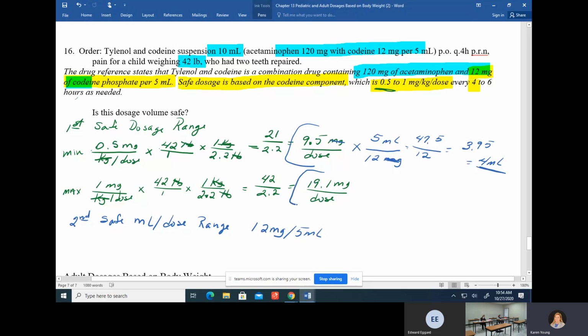I'm going to take my maximum safe dose in milligrams per dose times the same codeine, 5 milliliters per 12 milligrams.